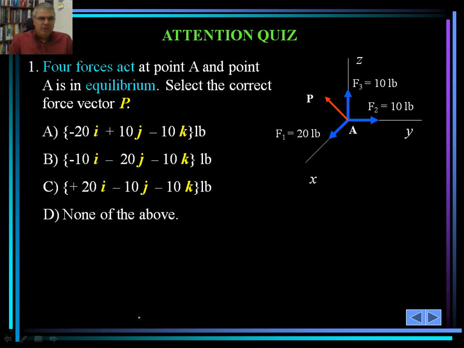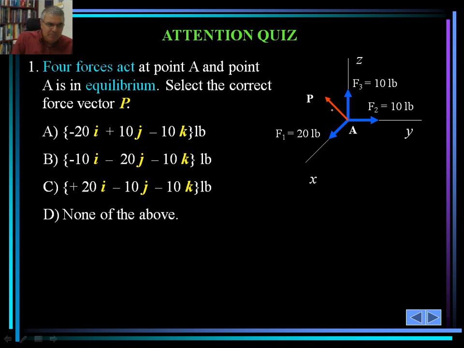So that's the fourth force acting at point A. Point A is in static equilibrium. Select the correct force vector P. Let's take a look at this to see what we can do here. Okay, so this is the I, J, K components of each of them. So we are going to only see what's the correct force vector for P.